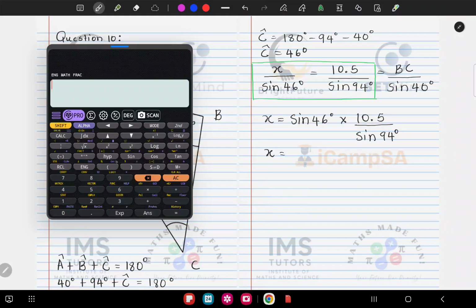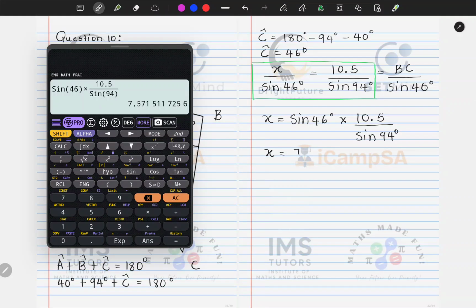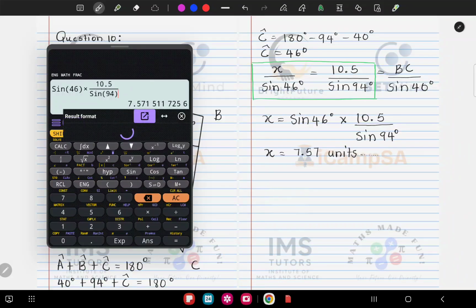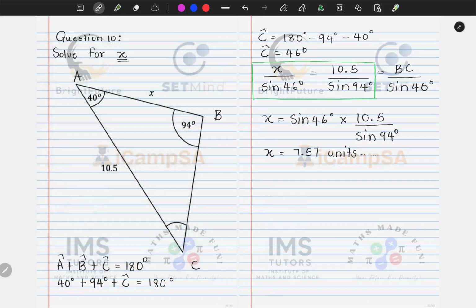So if you look carefully, what we have is sine of 46 multiplied by 10.5, divided by sine of 94. So the answer is 7.57, whatever the units are. So that is how we get our answer for that question where we are required to solve for x.